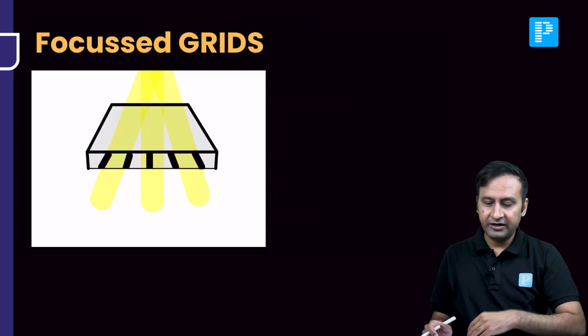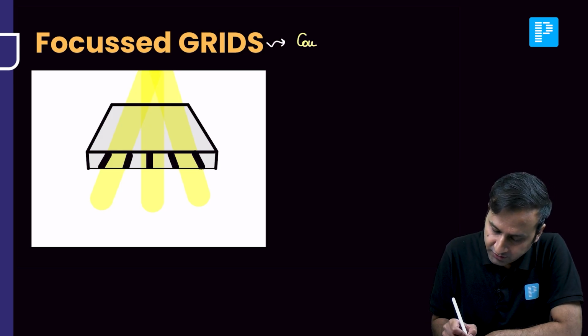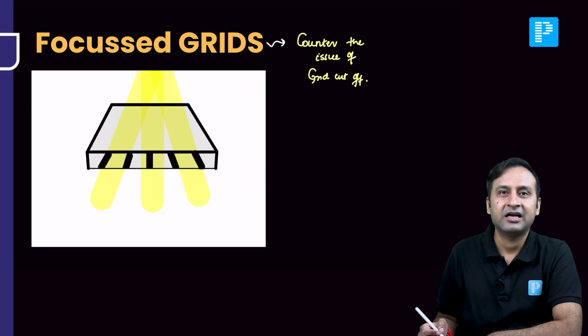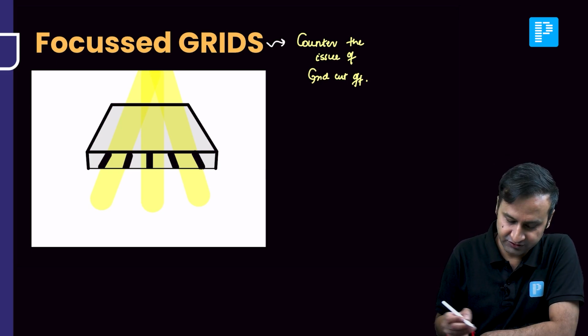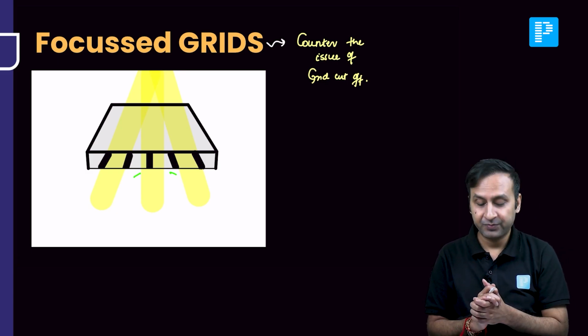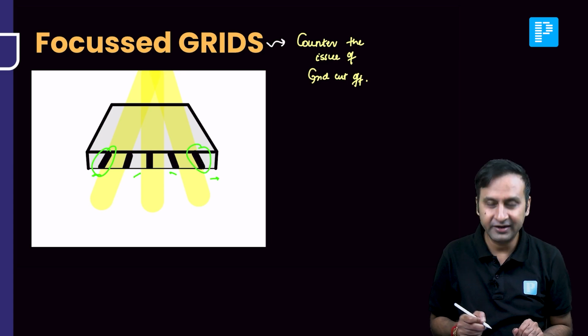So to circumvent this problem of grid cutoff, I should say counter the issue of grid cutoff, we came up with a different type of grid which is called focused grids. So what do you mean by focused grids? In focused grids, the central part of the grid usually contains lead strips which are almost parallel. And when we go towards the periphery, look at the orientation of the lead strips.